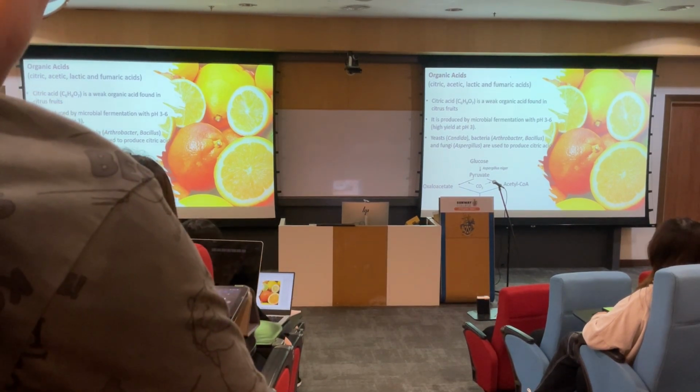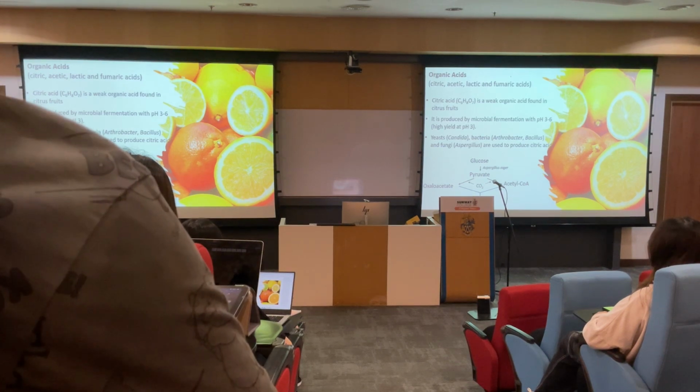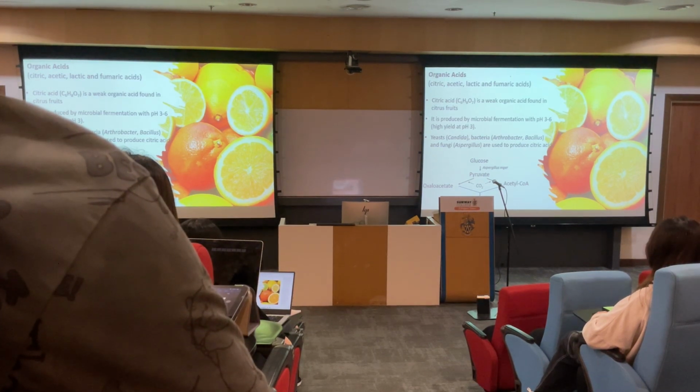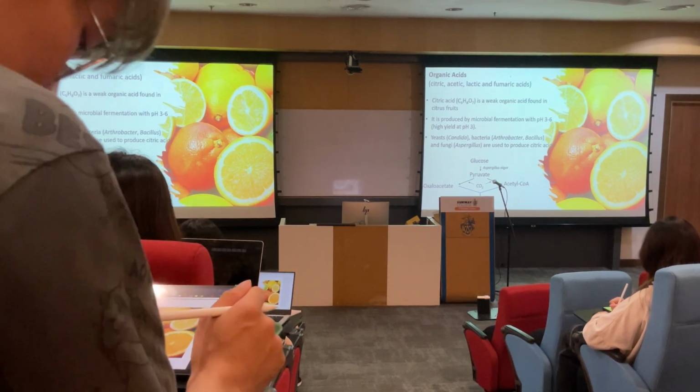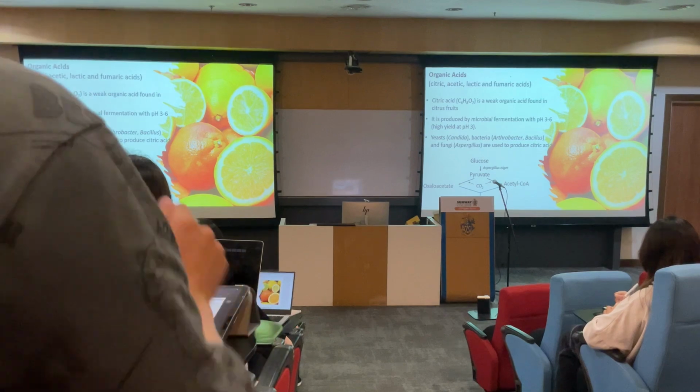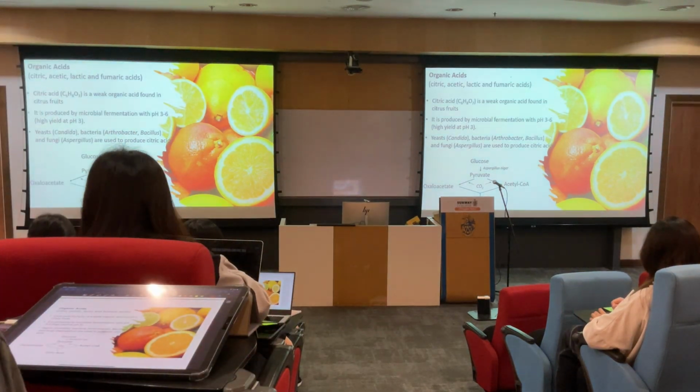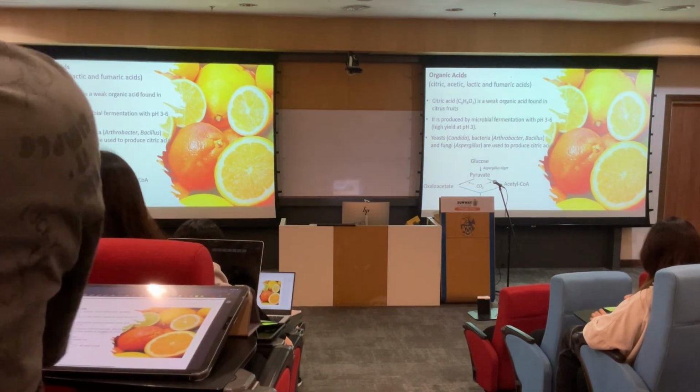And to make it, basically you can just take the fruit and extract the citric acid out of the fruit. But why do we need to use microorganisms to produce citric acid? Basically, it is because using microorganisms is economical.